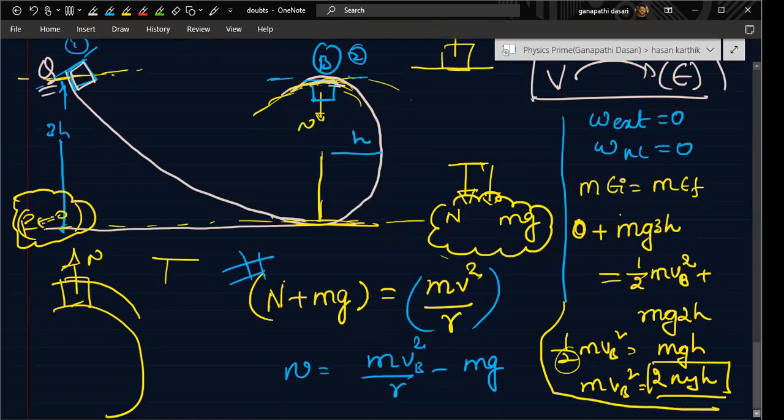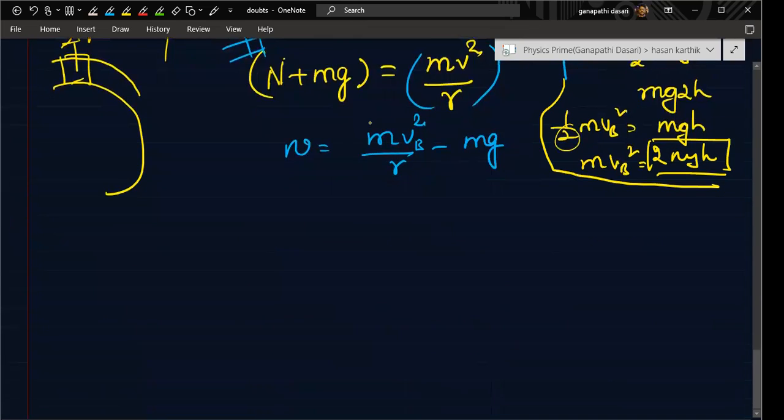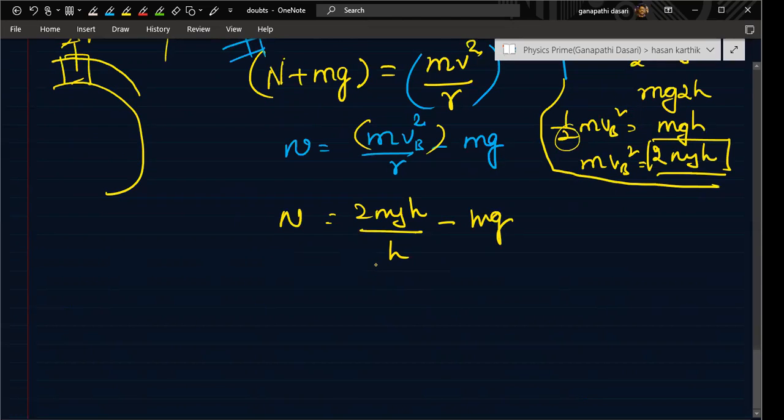Now can I apply m vB square divided by r, where r is nothing but the radius there, as given in the diagram? Radius of the circle. Are you getting whatever I'm teaching you?